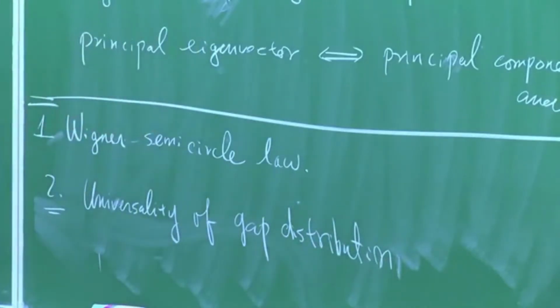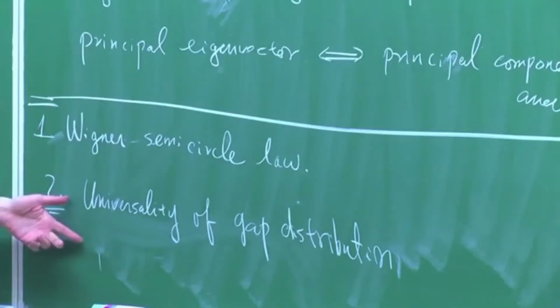I will start with the semicircle law, and then we'll go to the gap distribution. This is actually rather easy. The statement of this one is easy, but the proof is difficult.